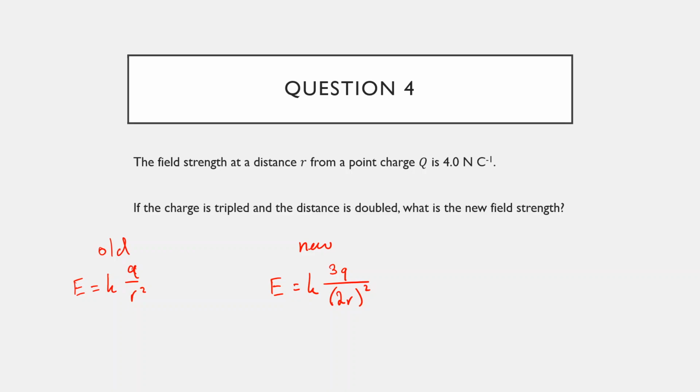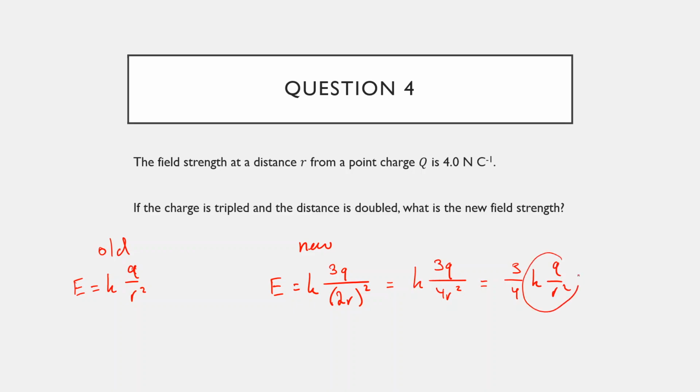Now if you expand this out, you end up getting something like k times 3q on 4r squared. And we can take this 3 on 4 and separate it out from the rest of the expression. So we can write it as 3 on 4 times kq on r squared.